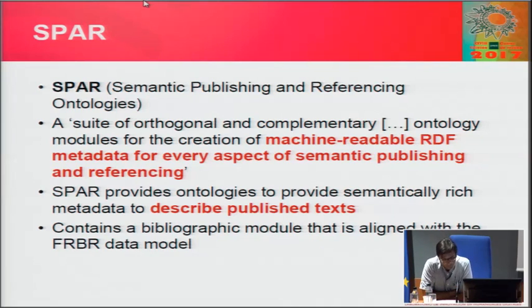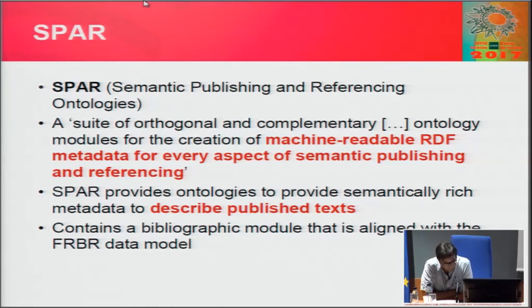So in the last slide I mentioned FRBR, which is a model for bibliography. Another important ontological resource here, I think, is the SPAR ontology suite. This is not a single ontology, but a suite of ontology modules intended to help in the creation of machine-readable RDF metadata.